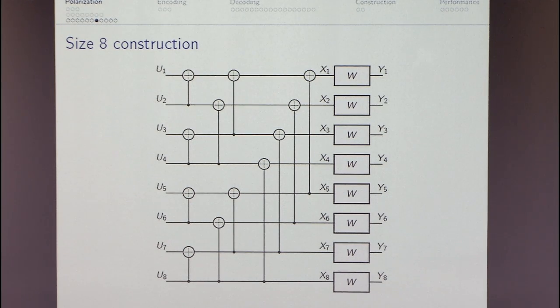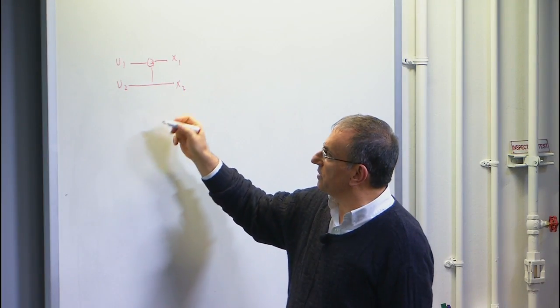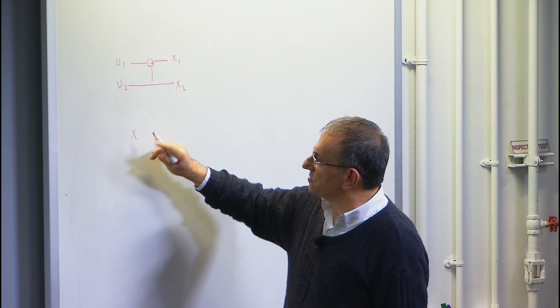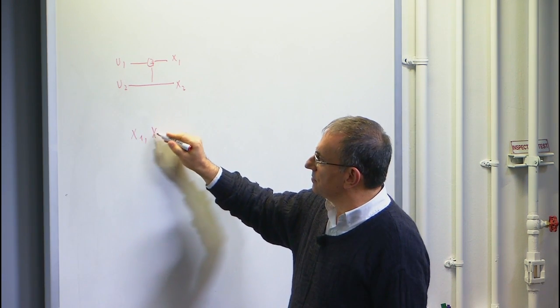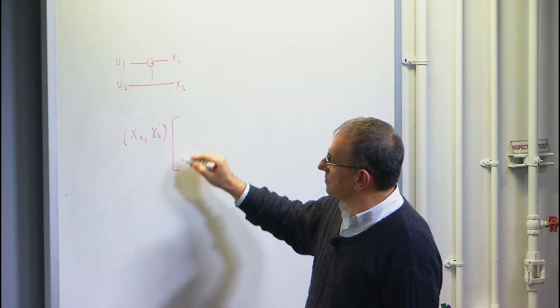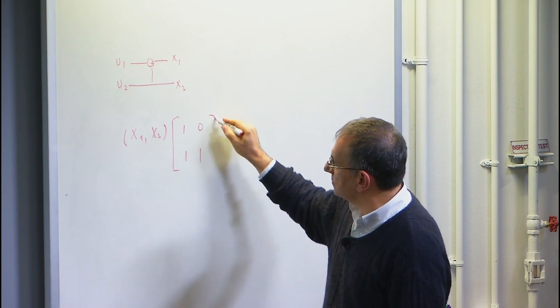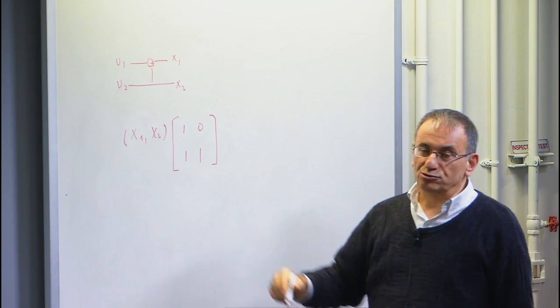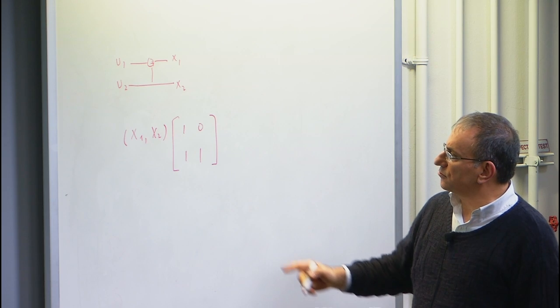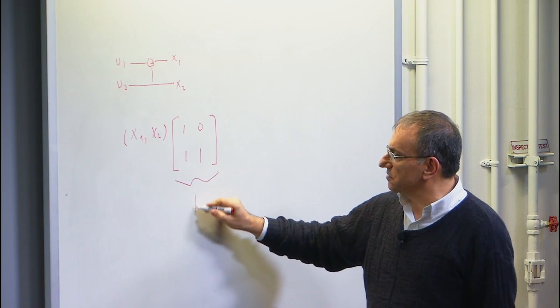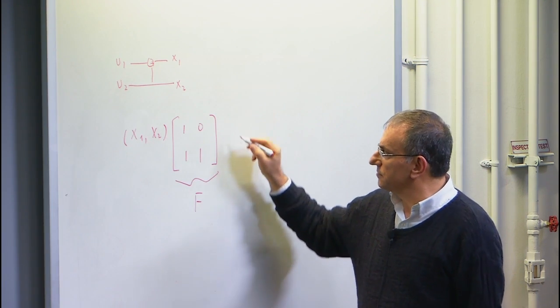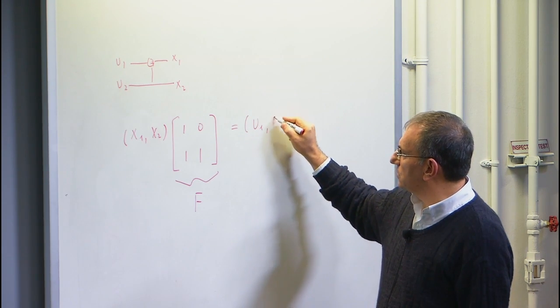So this operation here from U1, U2 to X1, X2 can be described as: use row vectors x1, x2 multiplied by this matrix. Let's call it F. This gives us U1, U2.